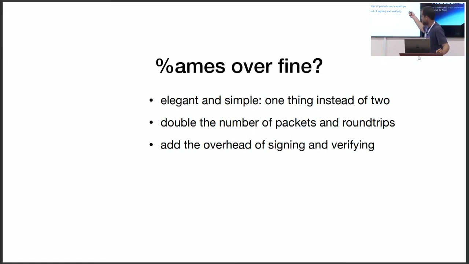In addition to it being cartoonish to double the number of round trips and acknowledgements when you do this naively, you have to sign and verify, right? So the packets are already ciphertext, but now you're attesting to them globally, and I just showed you how long it took to sign the number 0. This will take longer.